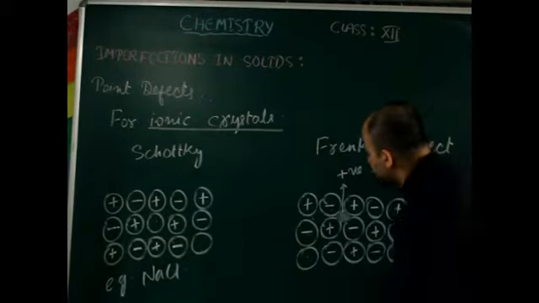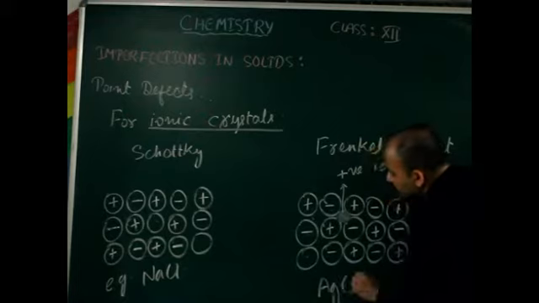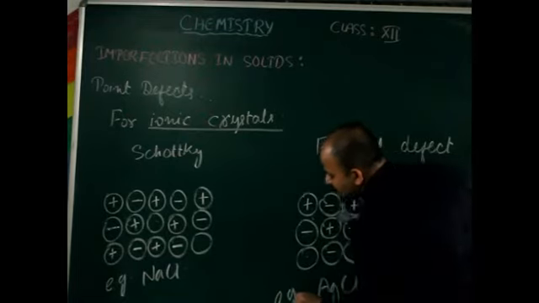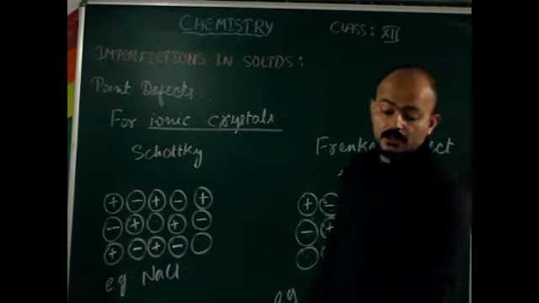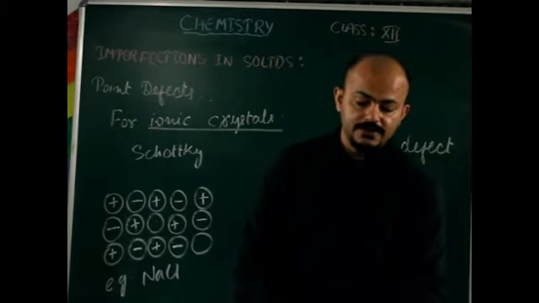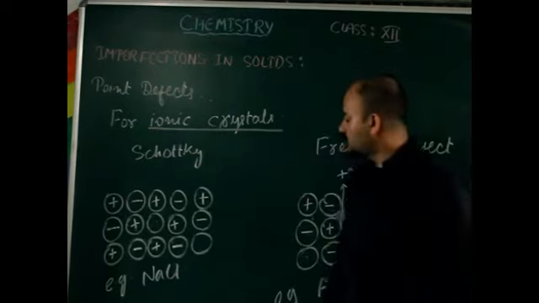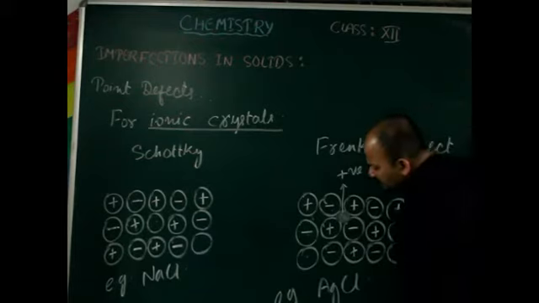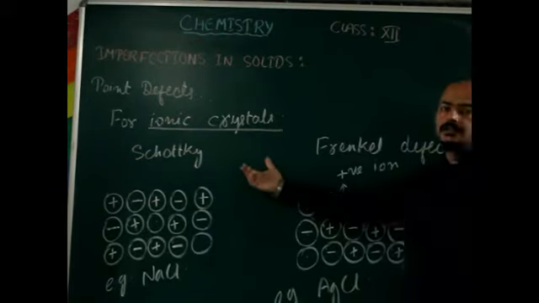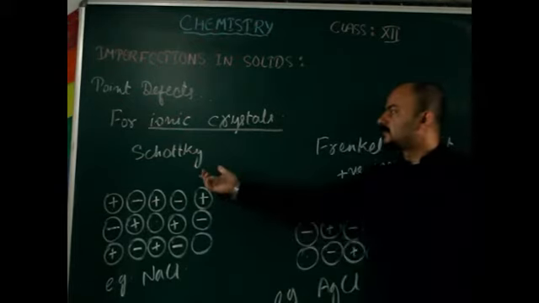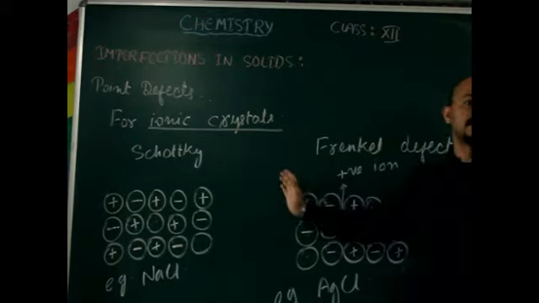An example is silver chloride. You have more examples in your book, you can refer to them. Now let's move on to the other type of defect. In your book, you have many differences between Schottky defect and Frenkel defect. Please learn them properly.